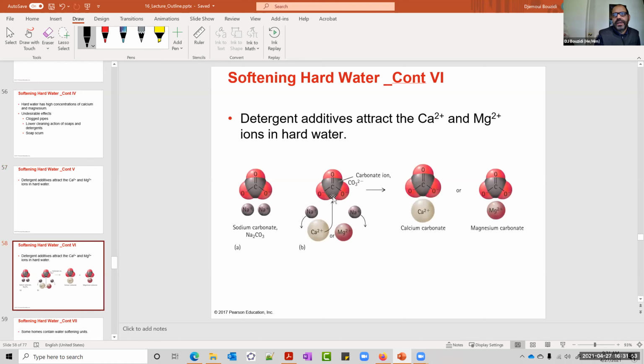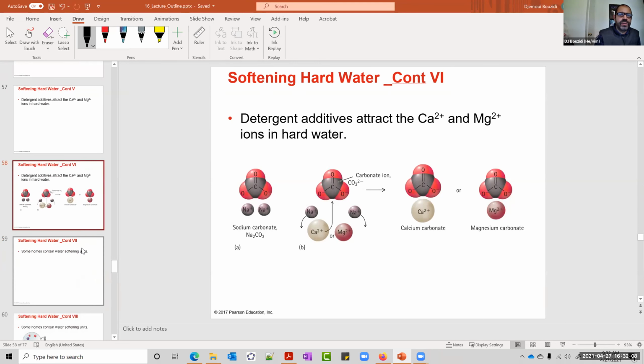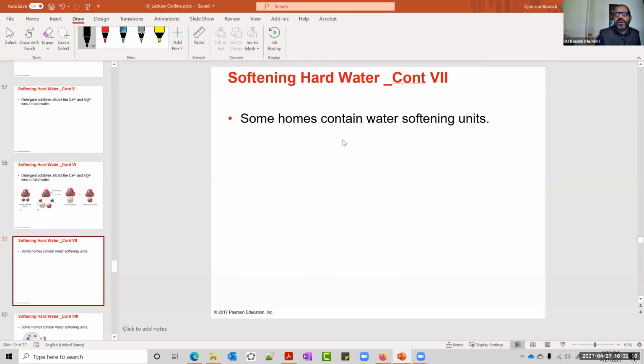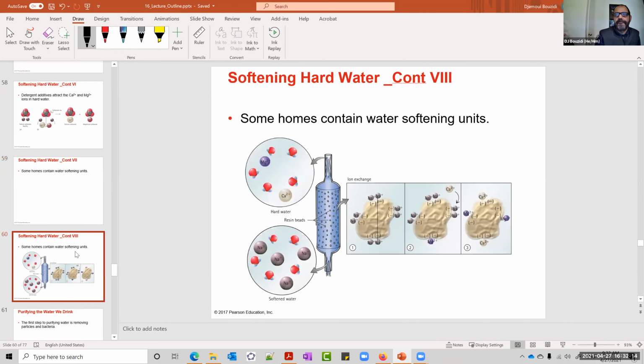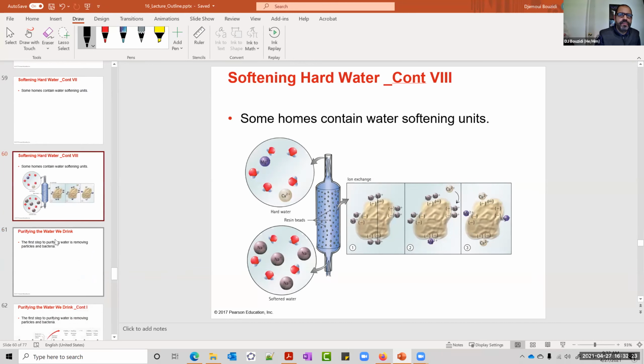Okay, again, those are ions, and the detergent is polar, and it attracts itself to them, and then all of a sudden you can remove them from the solution. Some homes actually contain water softening units too, okay? These basically attract them and get rid of them, and the water that comes out the other end is a lot better.